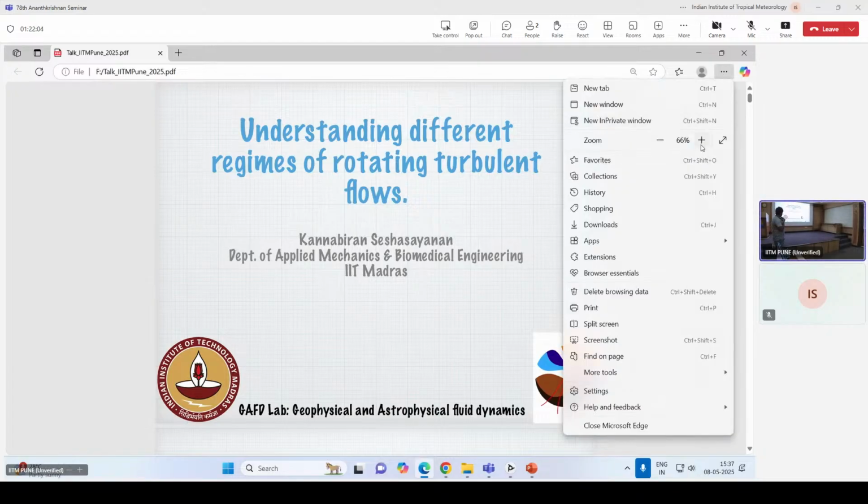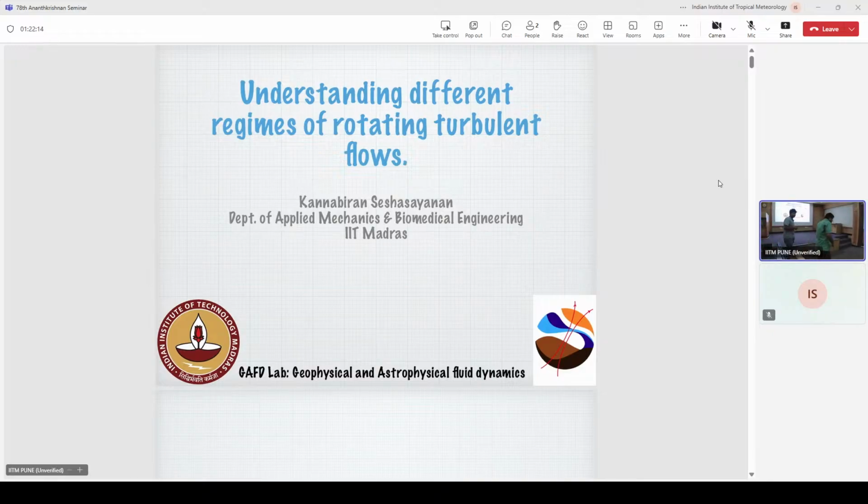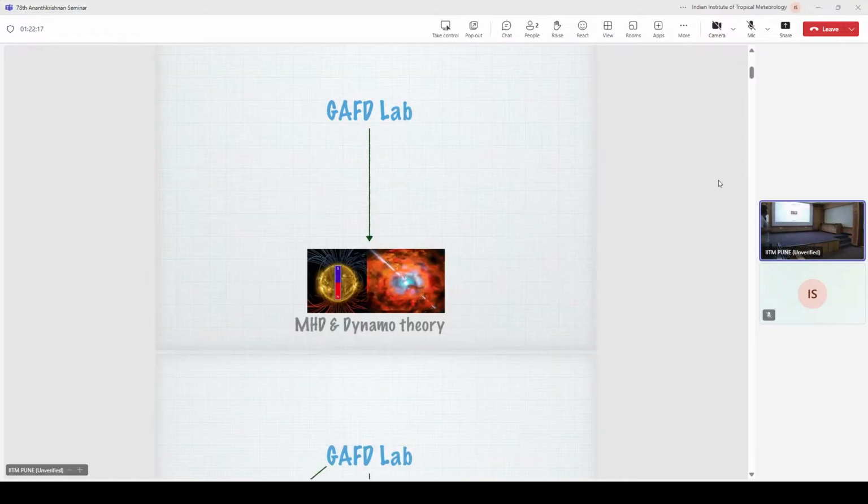You carry on. Okay. So I will give a talk on whatever we do. We do slightly more theoretical work on turbulence modeling in geophysical and astrophysical systems. We have the GFD lab, and what we do in the GFD lab is to look at different kinds of flows. One set of flows that we are interested in is dynamo theory.